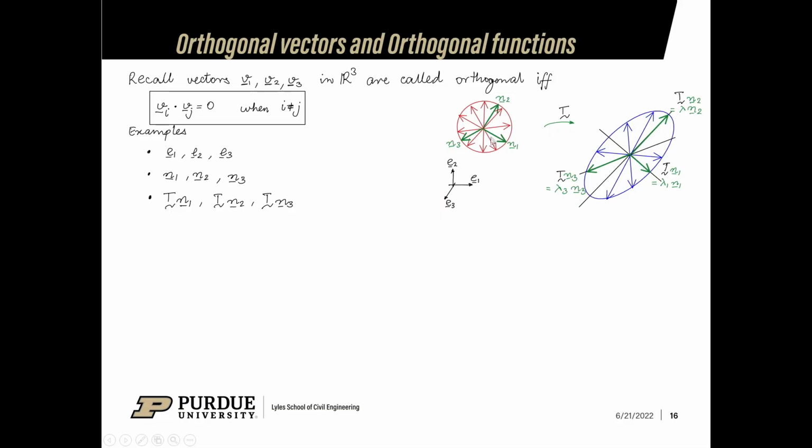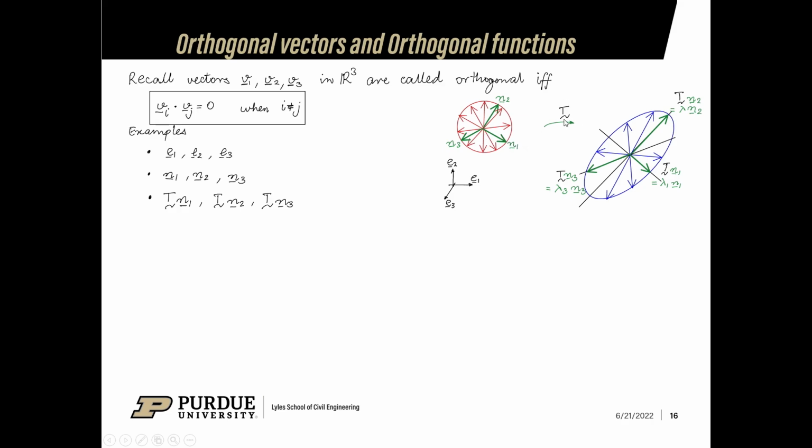Similarly, when the tensor acts on these vectors, they map to a set of vectors that are orthogonal to each other. Now, a slight difference between these sets of orthogonal vectors is that e1, e2, e3 are not only orthogonal, they are orthonormal, because the dot product of any pair of these vectors is 0, but also the magnitude of each vector is 1. Similarly, n1, n2, n3 are typically orthonormal because we choose these eigenvectors as unit vectors.